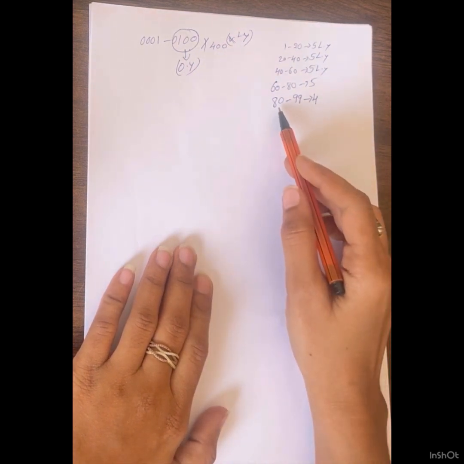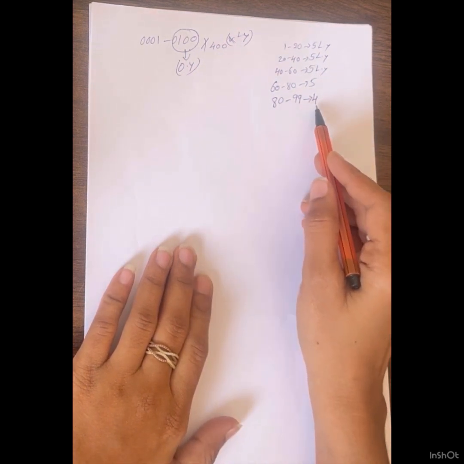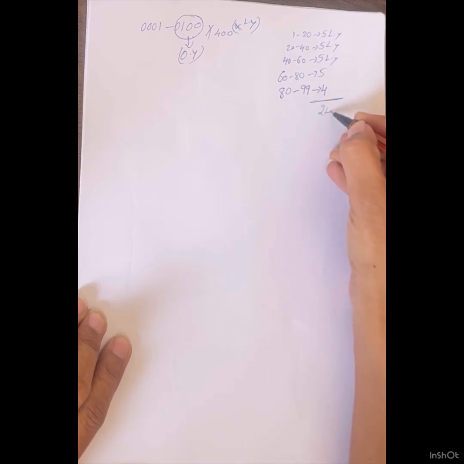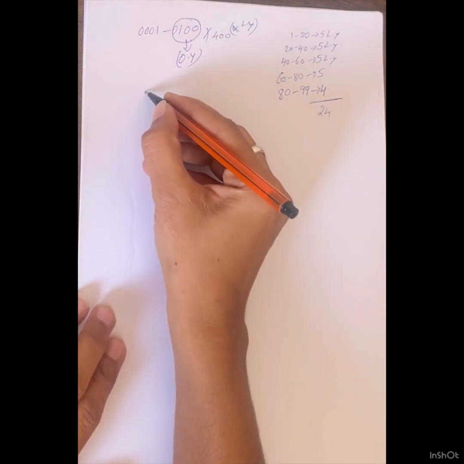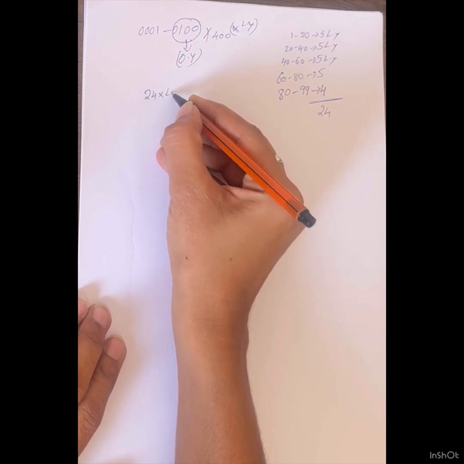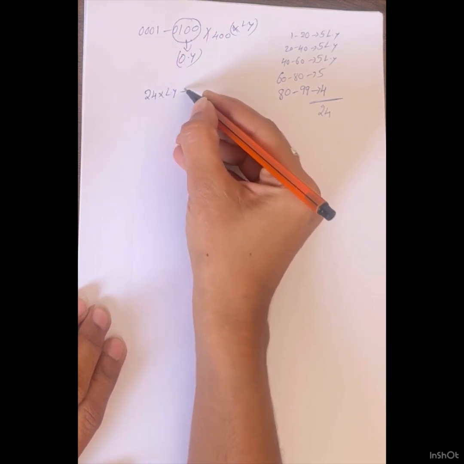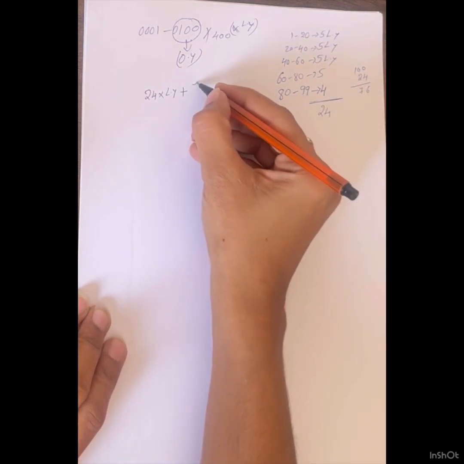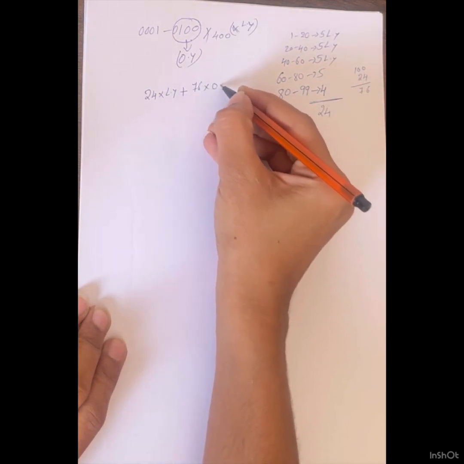So between 80 to 99 only 4 leap years will come. Overall, how many leap years are there now? 24 leap years. So write down here 24 into leap years plus, in total 100 years, 24 leap years, what is the remaining? 76. So 76 are the ordinary years.